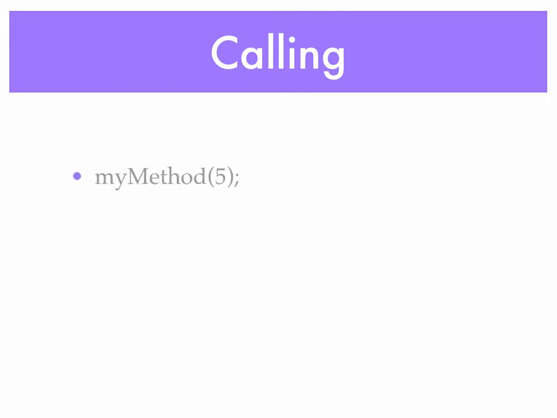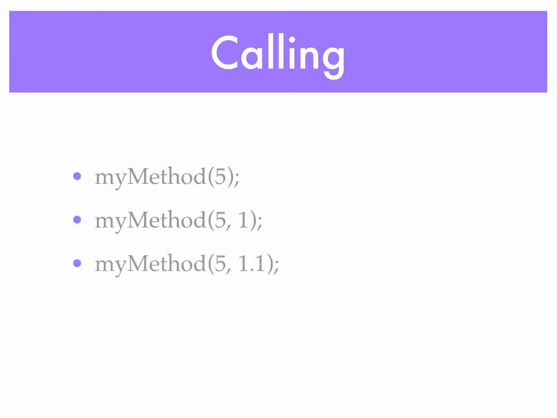Now when I call a method that requires an argument, I call the method and pass the argument, a value in. So here I'm calling myMethod passing it 5, myMethod passing it a 5 and a 1, myMethod 5 and 1.1, myMethod 5.5 and 1. And we recall that I have four versions of myMethod, one that expects a single int, one that expects two ints, one that expects an int and a double, one a double and an int.